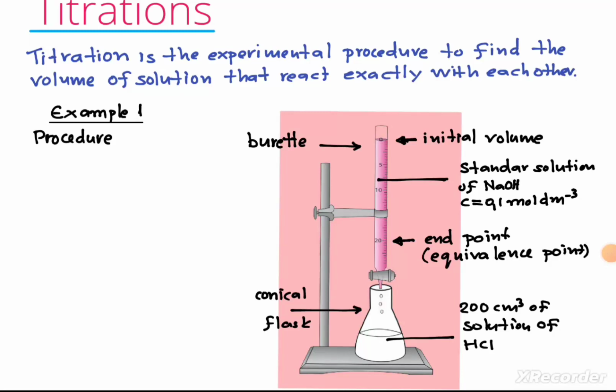In the conical flask, we have 200 centimeters to the cube of solution of hydrochloric acid, and in the burette we have a standard solution of sodium hydroxide, concentration 0.1 mol dm to the -3. We have the initial volume, and let's see the procedure.